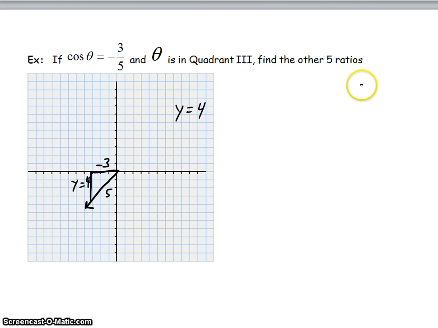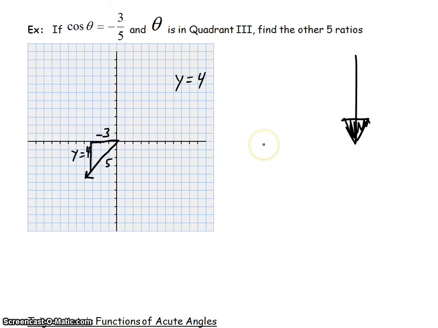And then you can write all of your ratios very similarly. It's very nice this way because you have whole numbers, not radicals, to work with. But using x squared plus y squared equals r squared, you'd get the exact same thing. You'd get y equals 4.